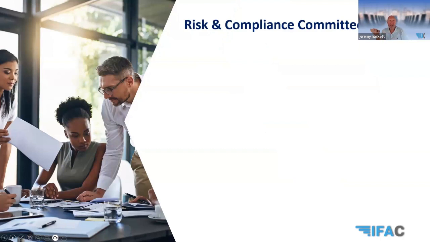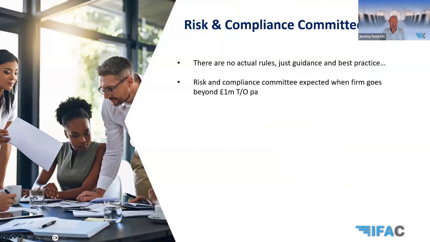Building on that point then, as a business grows, they would expect to see you start to peel off into different kinds of committee structures. No actual rules, I stress, just guidance, just best practice. So again, when your turnover goes beyond that magic £1 million a year figure, they're expecting to see a risk and compliance committee start to sit, as we've seen.